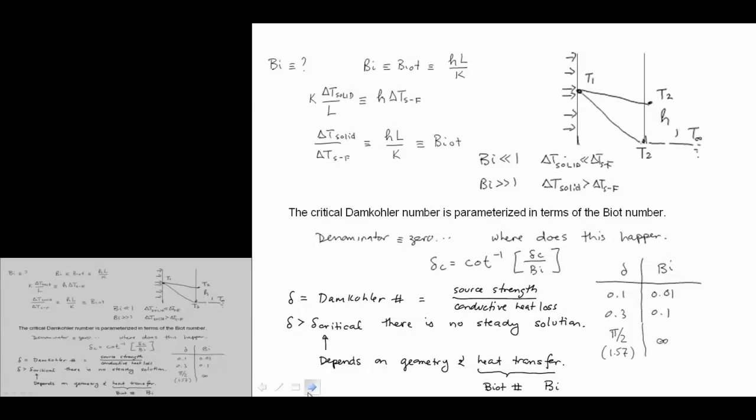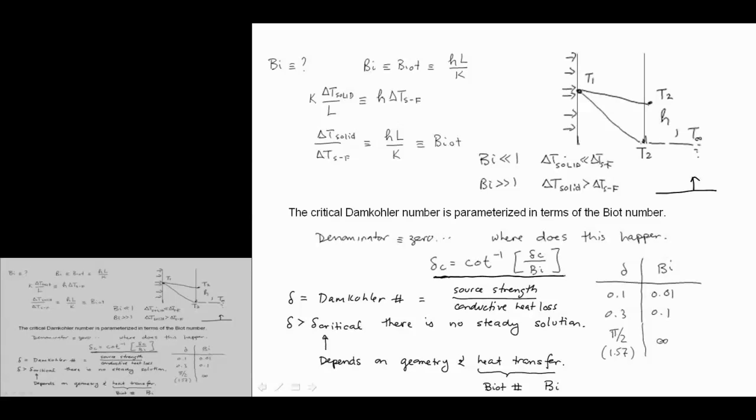And so again, here I'm talking about the Biot number in some more detail about what it really means. And we can identify this critical Damkohler number in terms of the Biot number where this thing blows up using this simple formula. So this just comes out of modifying what we had before.